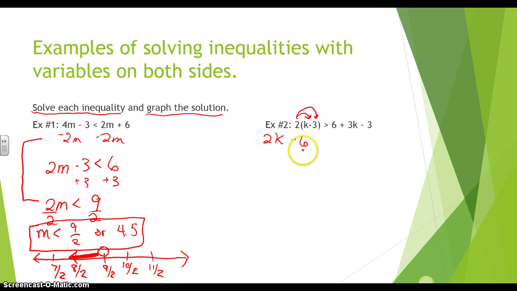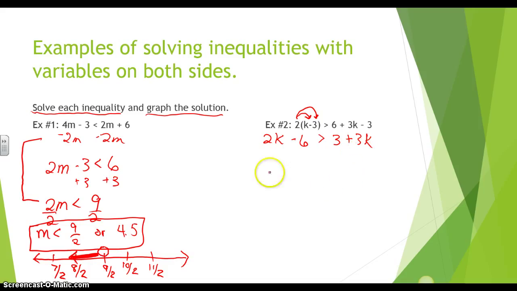So 2k minus 6 on the left, which is greater than, let's combine like terms here, 6 minus 3 is going to give me 3 plus 3k.